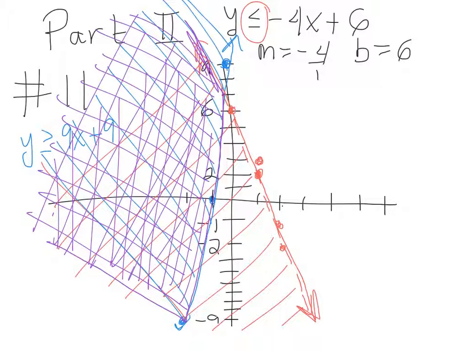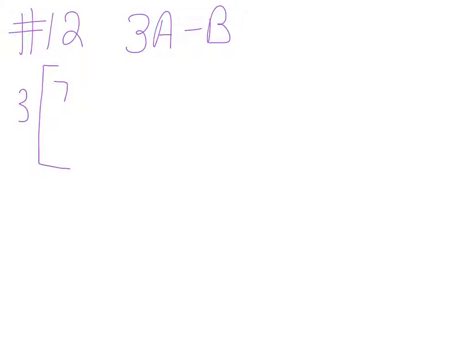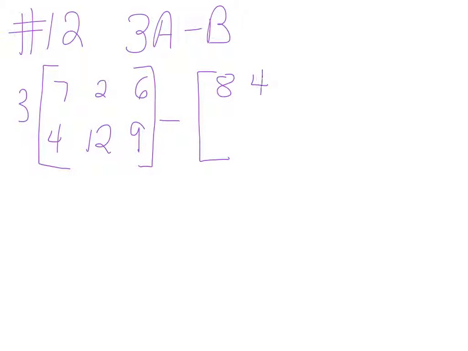Next, number 12. In problem number 12, they're asking you to find 3A minus B. So you need to multiply 3 times the matrix A, which is 7, 2, 6, 4, 12, and 9, minus the B, and the B is just 8, 4, 10, 9, 12, and 6.